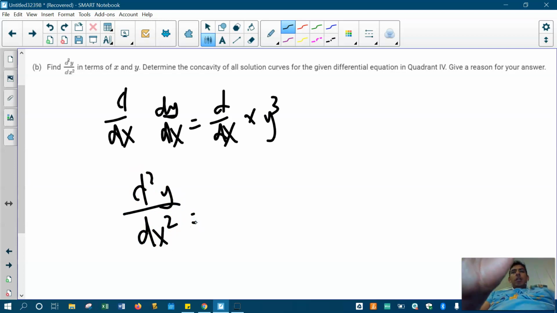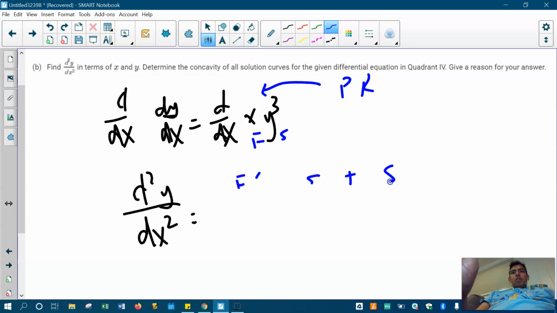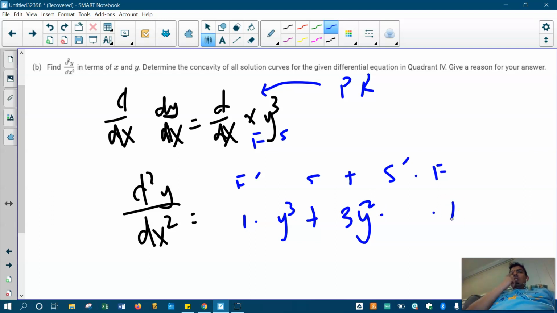Too bad. This one's going to be a product rule because we have a function times a function. We're going to need a first and a second, and I'll arrange it as f prime s plus s prime f. Okay, f prime is going to be 1, so we have 1 times y cubed plus the second factor's derivative, 3y squared times something, times x, sorry.